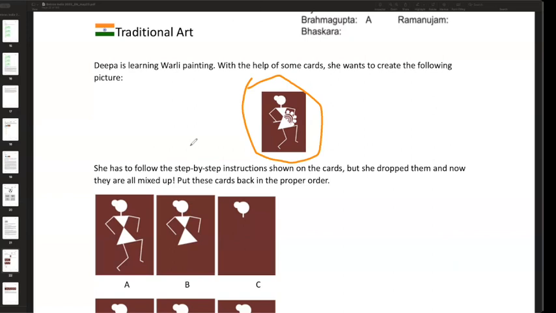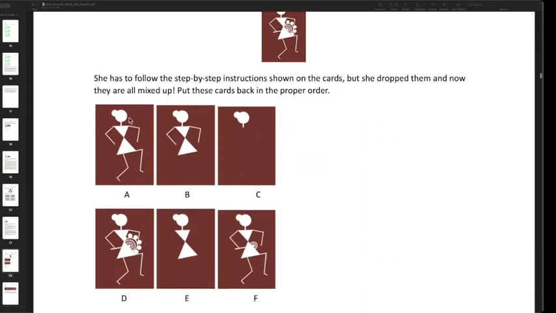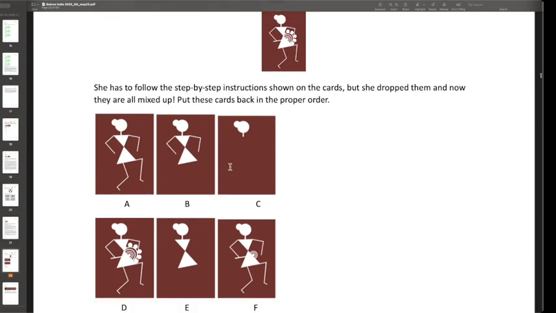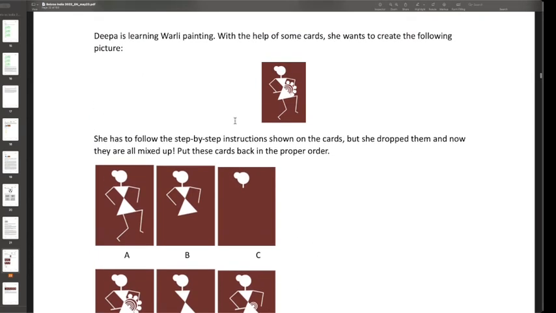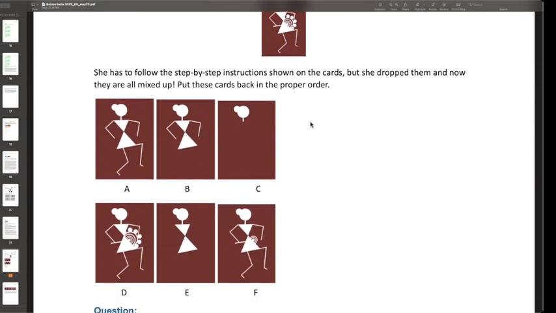But what happened is this person accidentally dropped the cards and they got mixed up. So then the order got changed like this. So now you have to put it in proper order. So you should put the first step and then the next step. So it should show each step of trying to draw this one. So now we can send the answer to me in chat again.